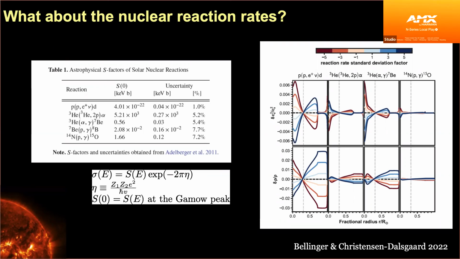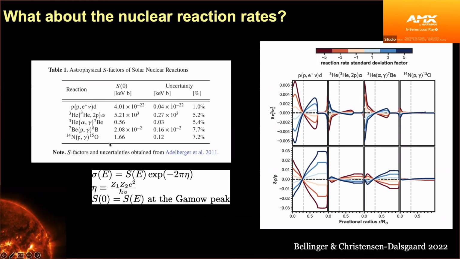And the other thing is the cross sections are so small that it's very difficult to measure them anyway. So what this shows are the reaction cross sections, actually what's known as the S factor, which is this factor in the cross section at the gamma peak for the important reactions in the sun.